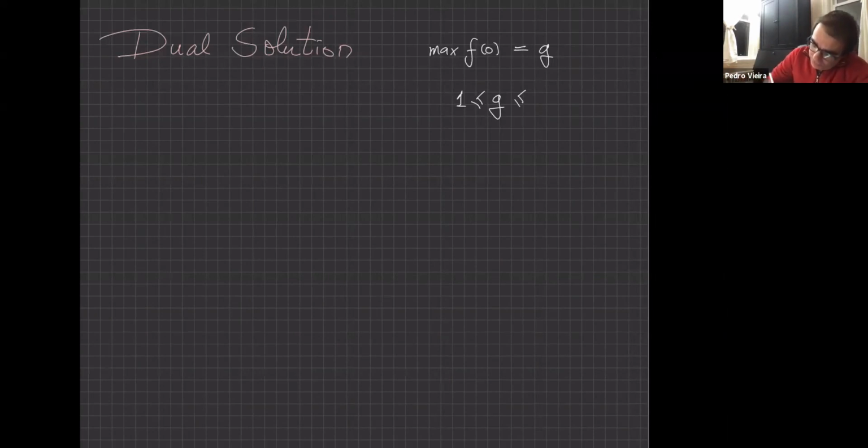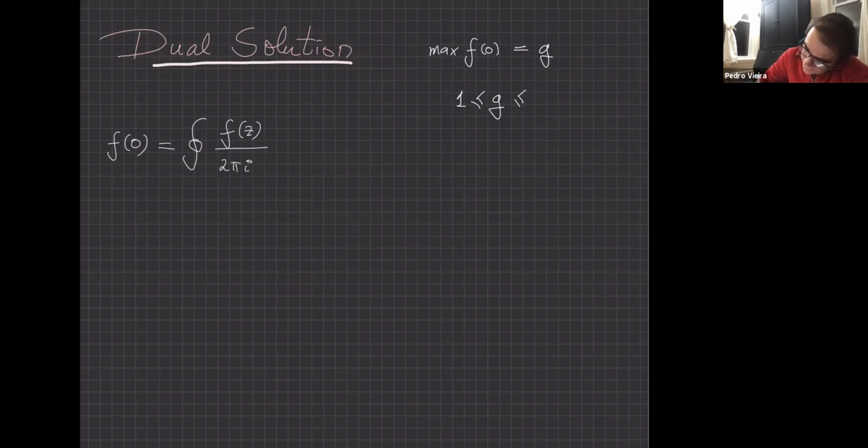And so in the dual solution, what we point out immediately is that f of 0, this value that I want, is the contour integral of the function f of z divided by 2 pi i times any function k of z, provided this contour is around some small circle, and this function k is 1 over z plus regular.